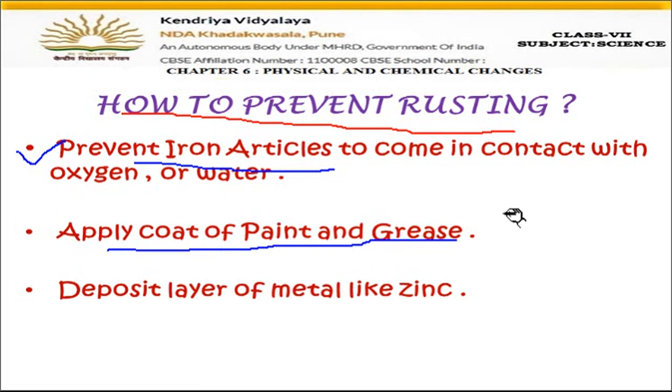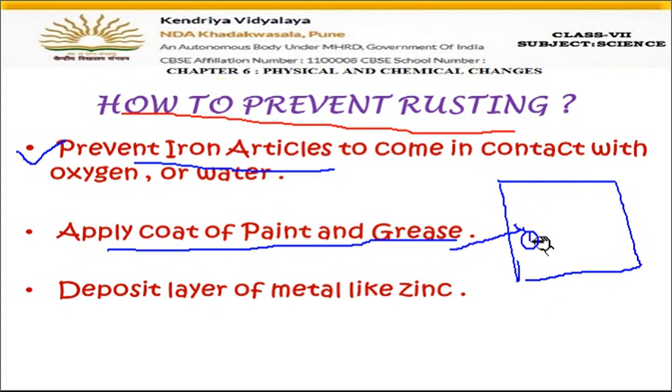Paint. Suppose this is your gate or any iron object. Now air is coming from here and this iron object is in contact with the air. What happens if you paint it? This is the iron object, and suppose you have painted it with some color.